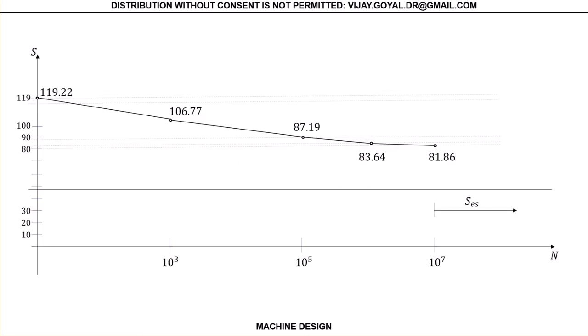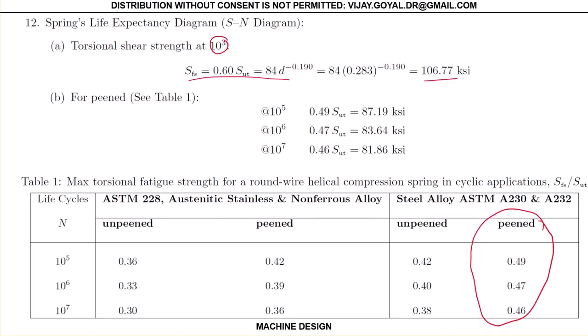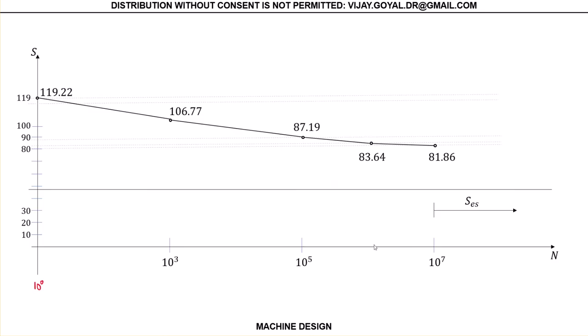So now we plot everything, we put it together. You can see this is at 10 to the 0, this is 10 to the 3, 5, and this is 7, and these are all the plots that we have. Somewhere here, this is 10 to the 6, that's why we got this value there. And this is what your plot looks like. We want infinite life here, right?